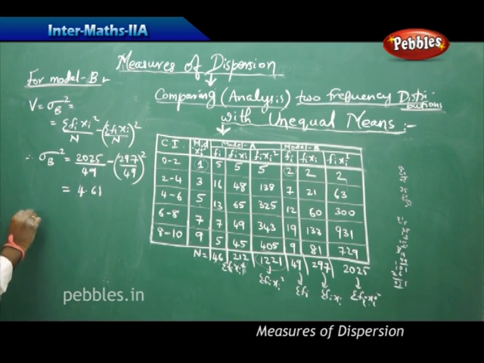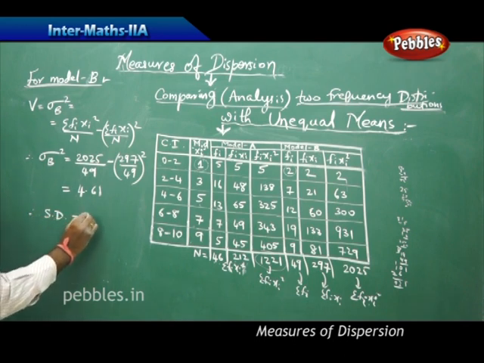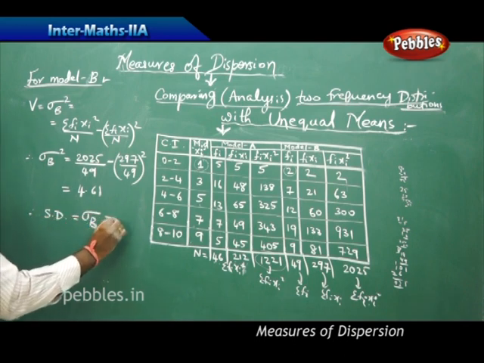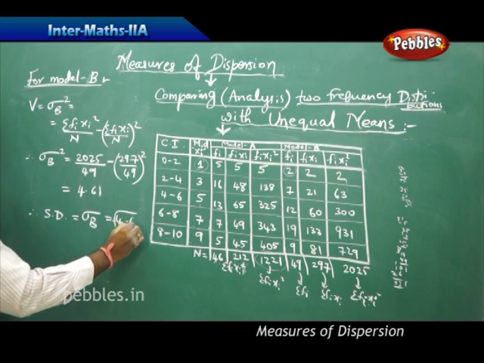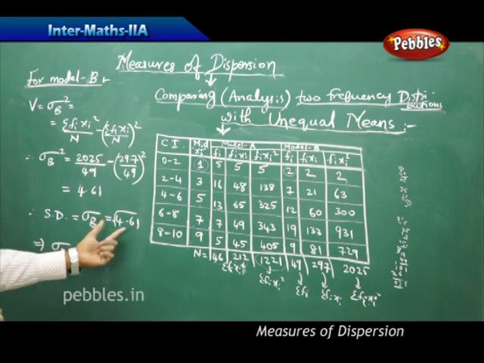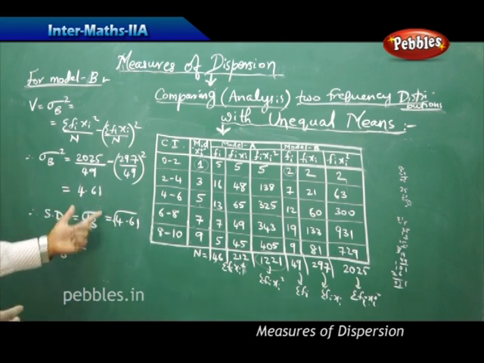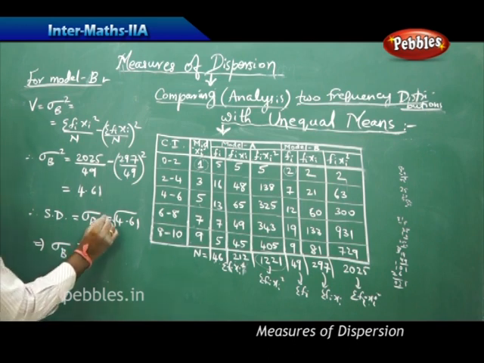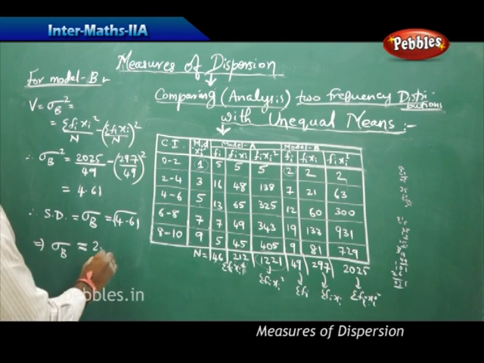So the standard deviation for model B, sigma B, is given by root of 4.61, which I calculate is approximately 2.147.